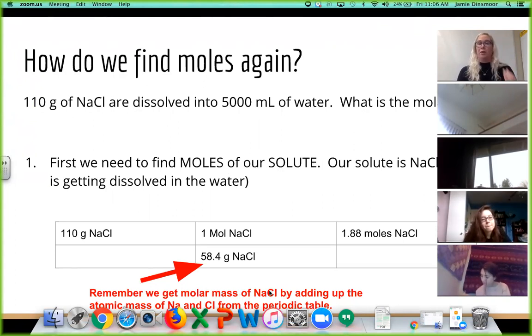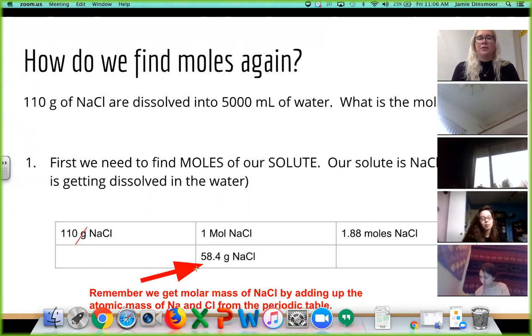We get our molar mass of NaCl from the periodic table, right? So all I did was go to the periodic table, look at the mass for sodium, and add it to the mass of chlorine to get 58.4 grams. That will equate to 1 mole of NaCl, right? This should be a review. Again, we're setting this up so that we can cancel units. So we are starting with grams, we don't want grams. We're putting grams on the bottom here so that we can cross grams out, which I will do here, right?